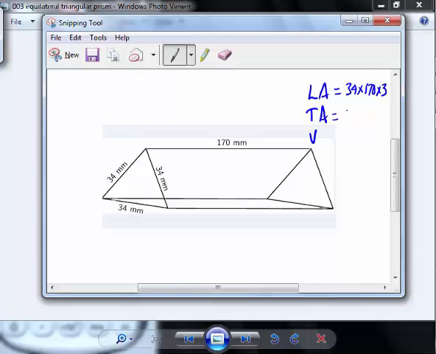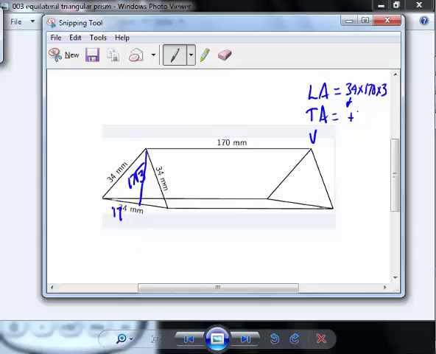The total area also includes the ends, so it's the lateral area plus, you could use Hero's theorem, or just note that the height here is, well, if this is 17, this is 17 root 3 is the height.